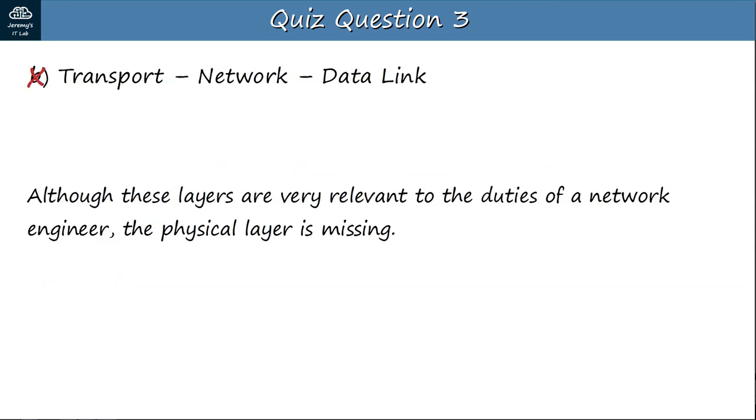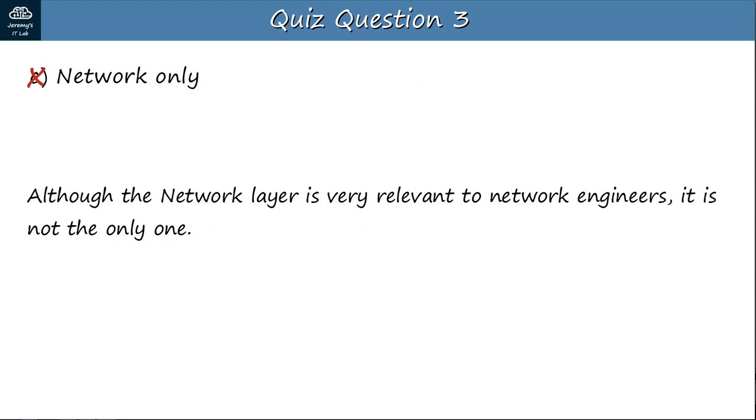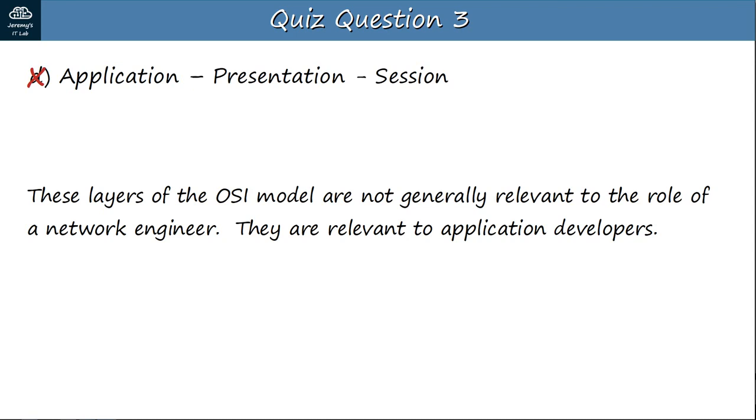Although these layers are very relevant to the duties of a network engineer, the physical layer is missing. So B, transport, network, and data link, is incorrect. Although the network layer is very relevant to network engineers, of course, it is not the only one. So C, network only, is incorrect. These layers of the OSI model are not generally relevant to the role of a network engineer.